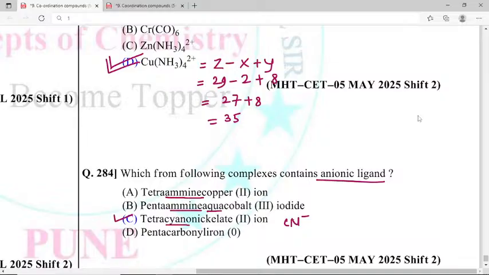This is pentacarbonyl. Carbonyl stands for CO, a neutral ligand. Here ammonia is the ligand. Pentaammine, ammine as NH3, and aqua stands for water. So this is your answer, tetracyano. Cyanide is a negatively charged ligand.